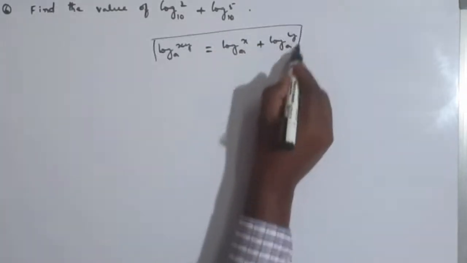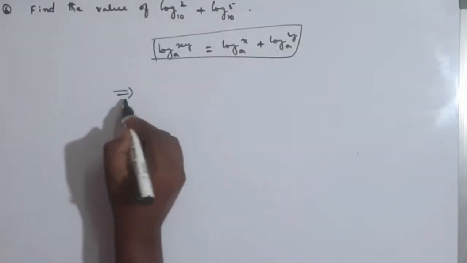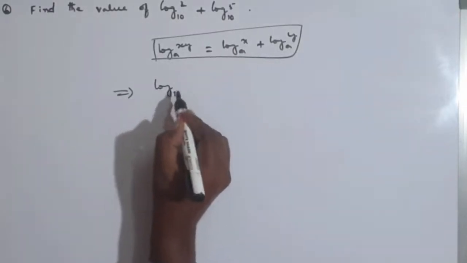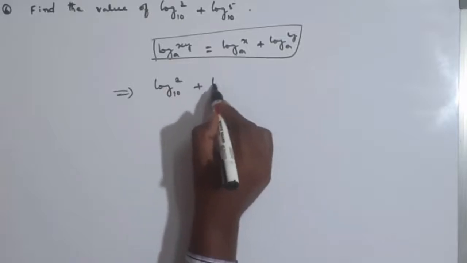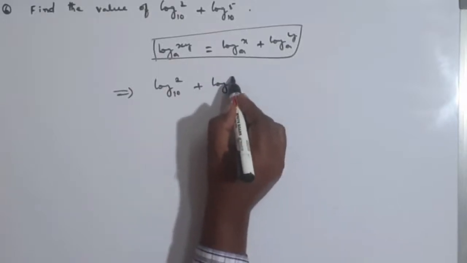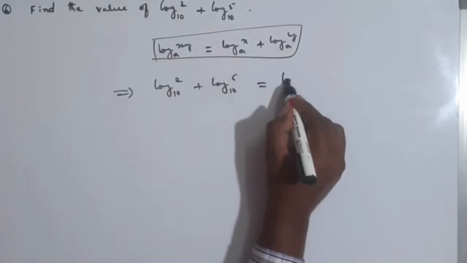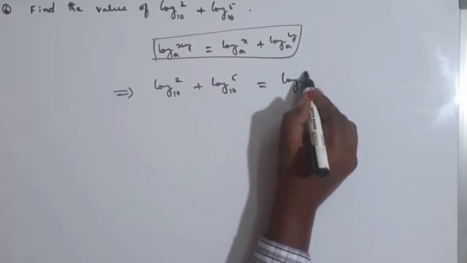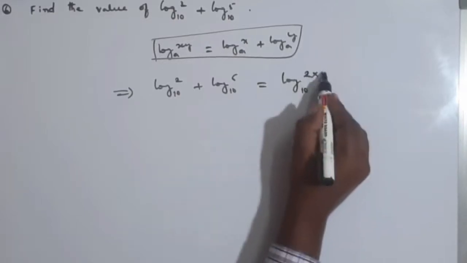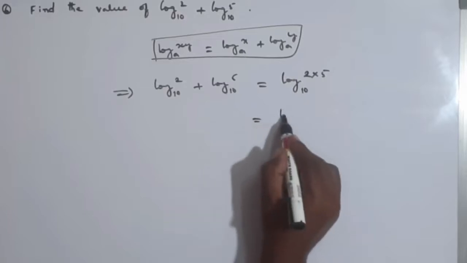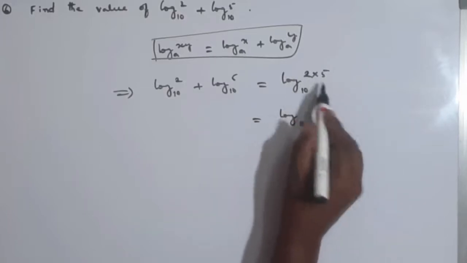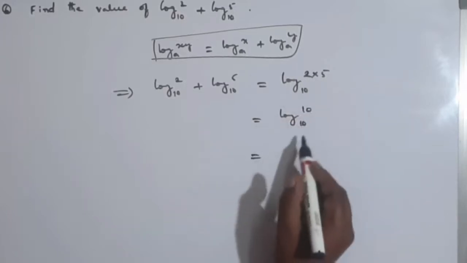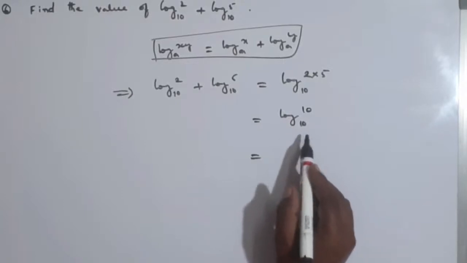Using this formula, log base 10 to 2 plus log base 10 to 5 equals log base 10 to 2 into 5, which equals log base 10 to 10. So log base a to a equals 1.